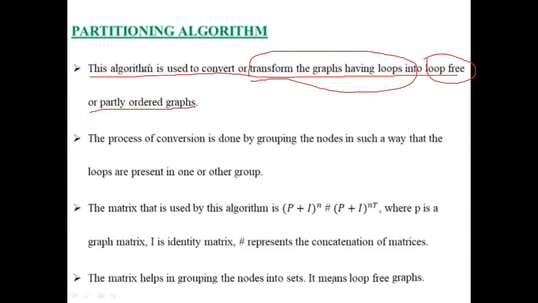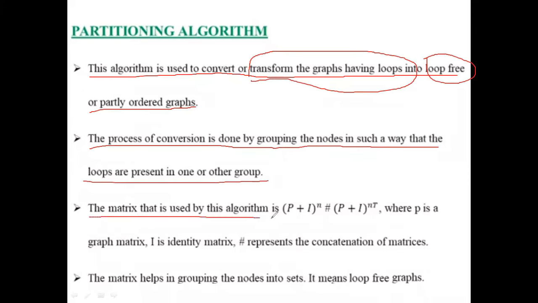The purpose of the partitioning algorithm is to convert graphs with loops into a loop tree. The process of conversion is done by grouping the nodes in such a way that the loops are present in one or other groups.